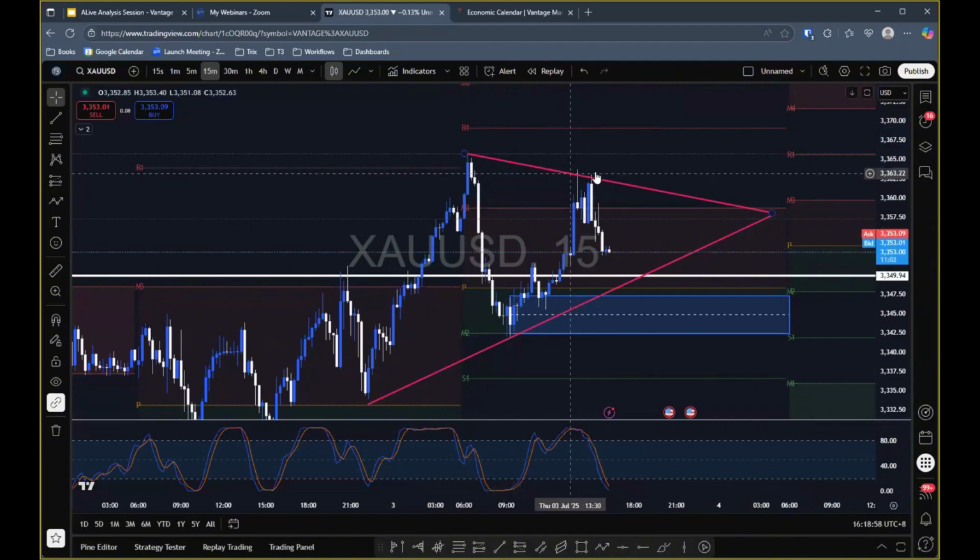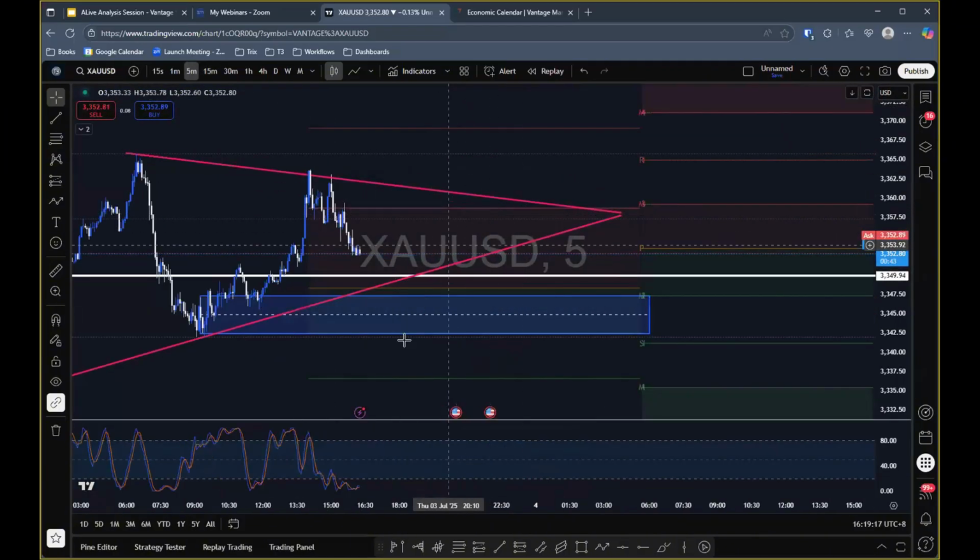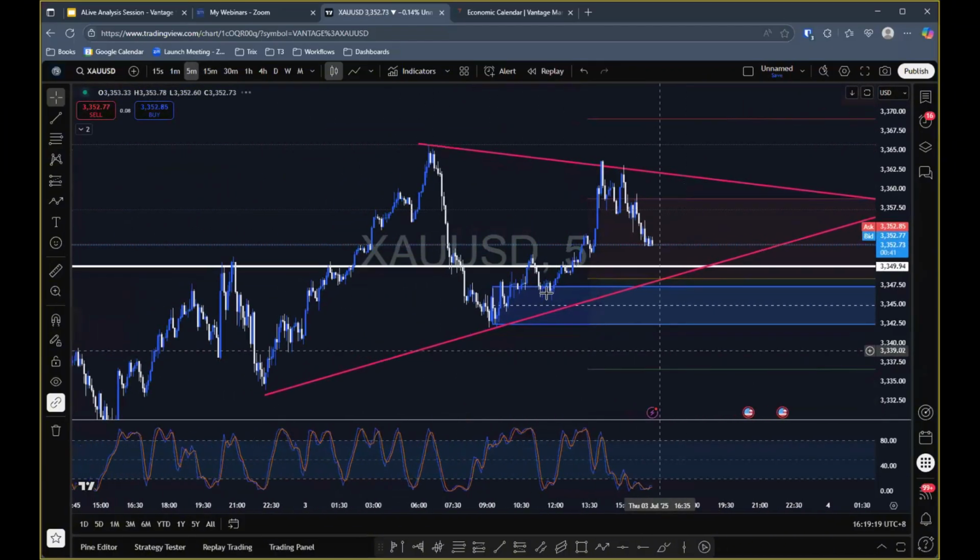But it is protected by this afternoon's move. So a lot of contemplation here before it starts to break down. We'll probably be looking at this area here as a buy up, back up into this area here. Of course, you can go down to the lower time frame again just to confirm where that low is.